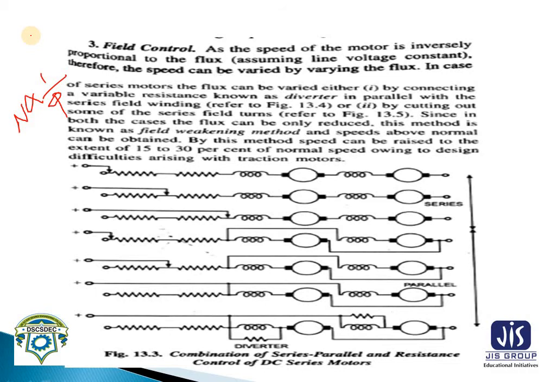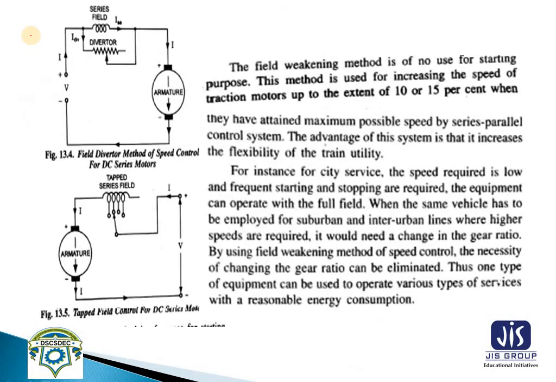So this method is known as field weakening method. That means we are reducing the amount of flux. And in this method we cannot reduce the speed. We can only increase the speed. So in that way we can control the motor.